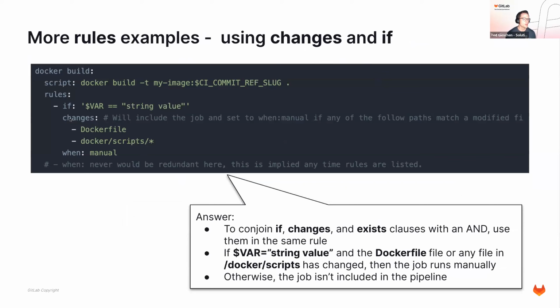For example, in our case, if the variable var is equal to string, and there was a change in the Dockerfile or in any of the files under Docker scripts, then this job should run. And because we've defined the when keyword in here, this job will be run manually.